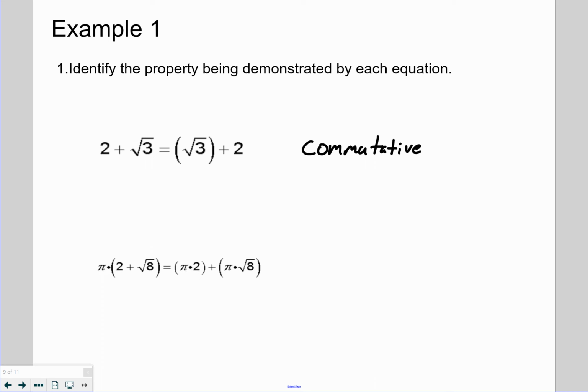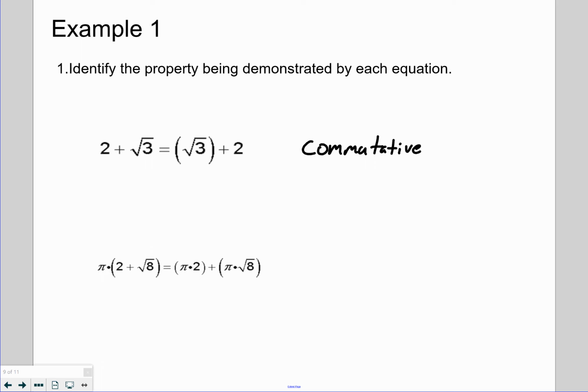And with associative, you have to have parentheses on both sides. And also the key thing with associative is you need 3 numbers minimum. So you would need a third number on each side. Okay? So commutative is right, David. We have the order has changed, but have we changed the answer? No, because it's addition. You can always change the order. The answer is unchanged for addition.